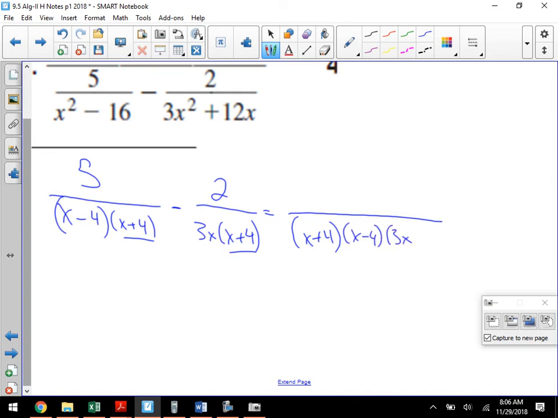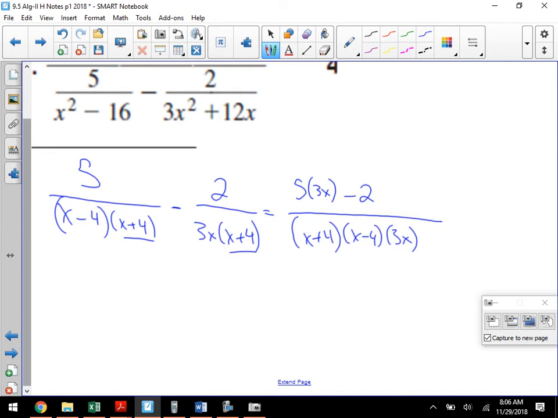Does it matter what order you put any of those in? Fraction on the left has an x minus 4 and an x plus 4. It needs 3x. Fraction on the right has the x plus 4 and the 3x. It needs the x minus 4.